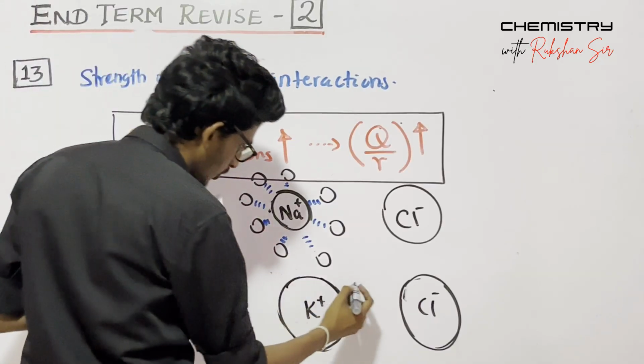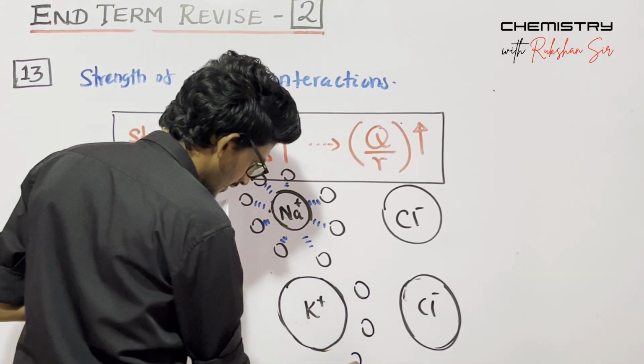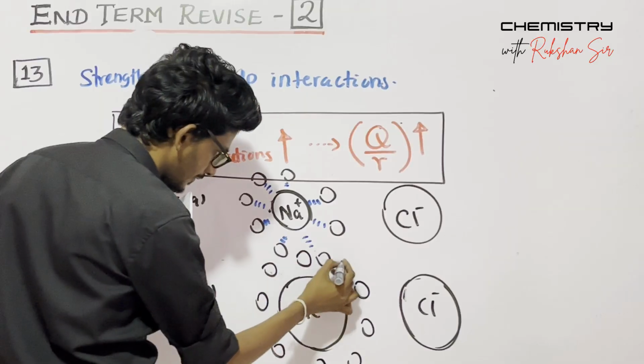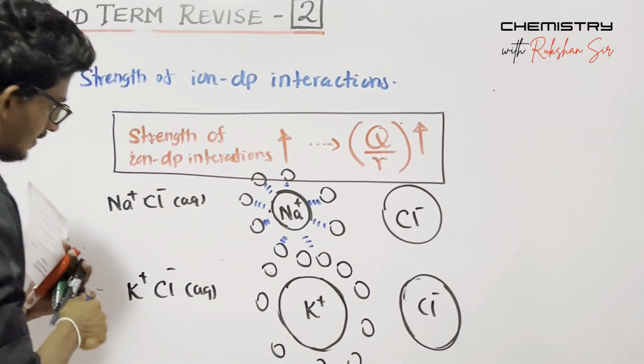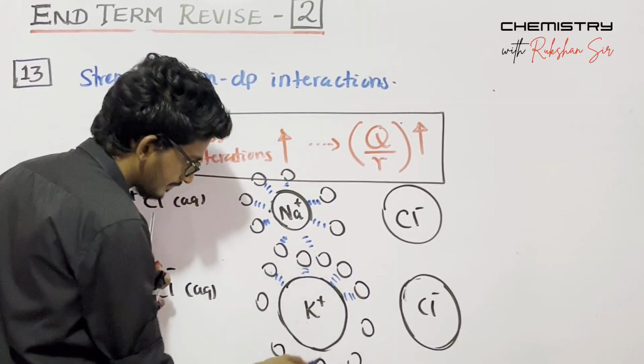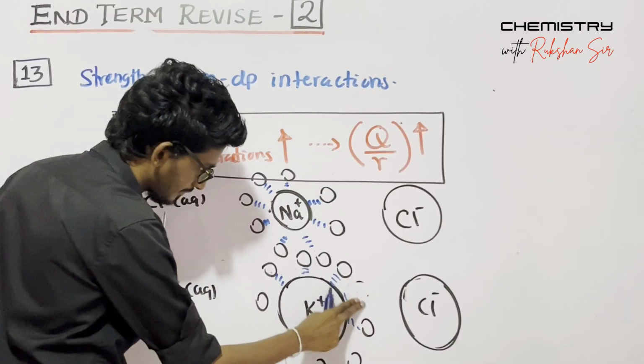Okay, so the ion dipole interactions between the K plus and water can be represented like this.